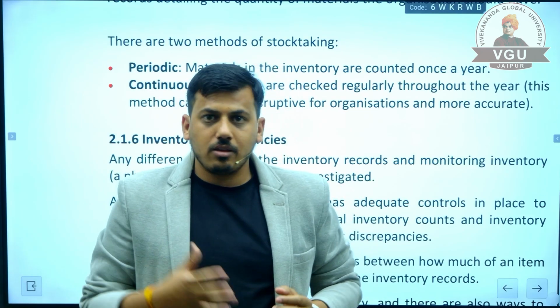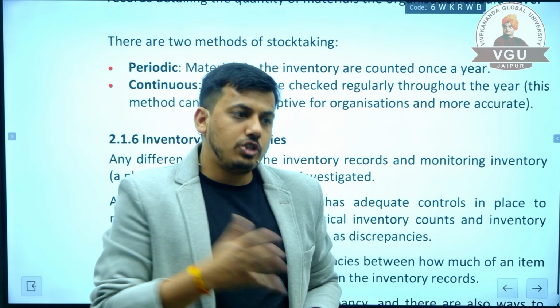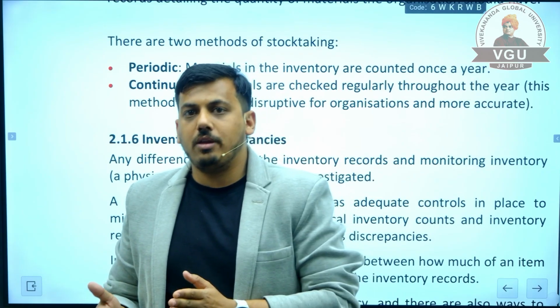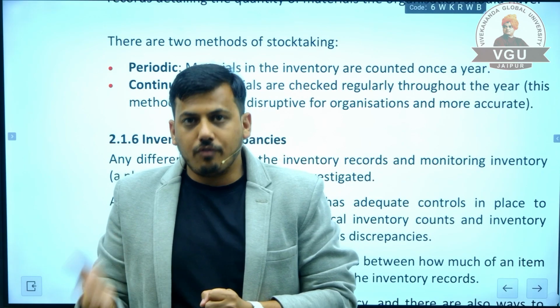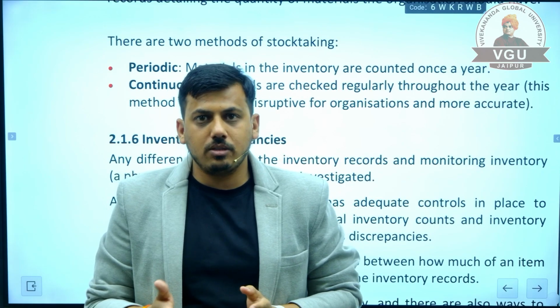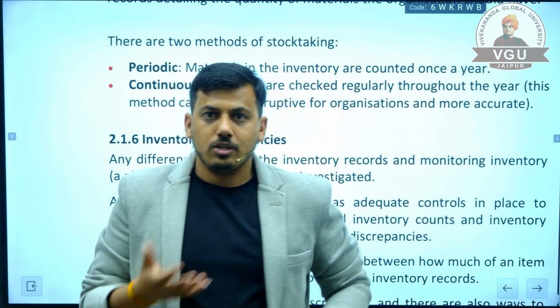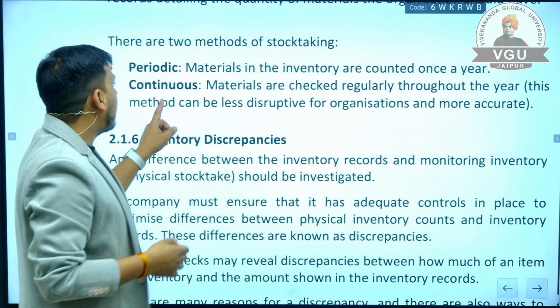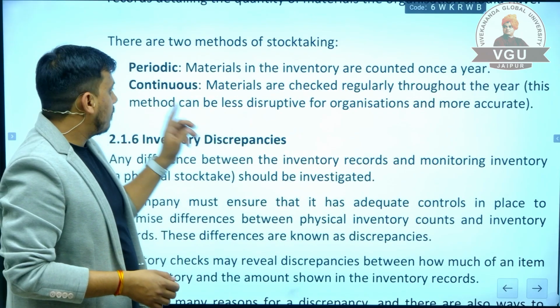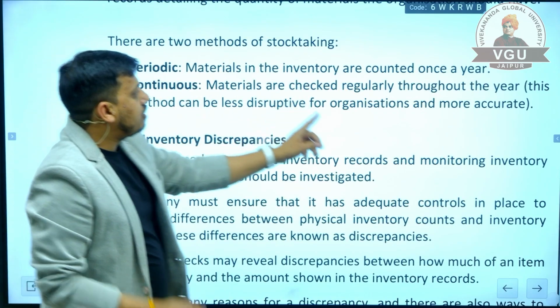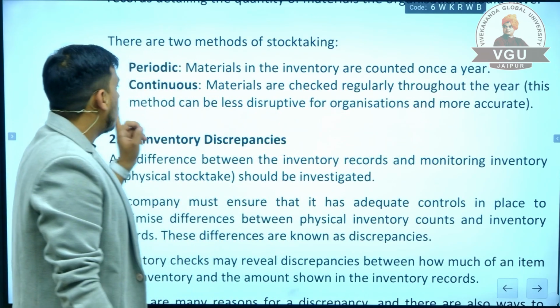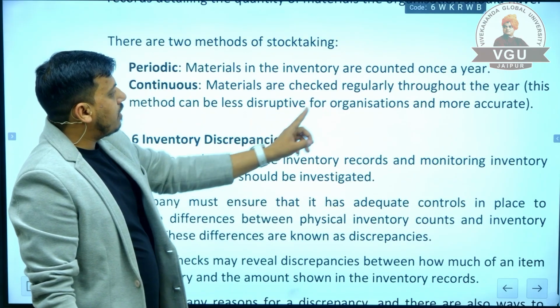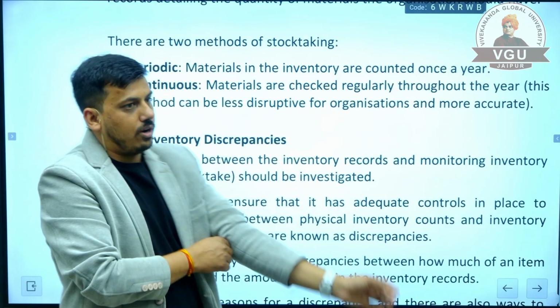So stock taking on a periodic basis means checking of stock after a certain period, like after 1 year, after 6 months or quarterly. These are known as periodic stock taking. Second one is continuous. Continuous means materials are checked regularly throughout the year. This method can be less disruptive for the organization and more accurate.